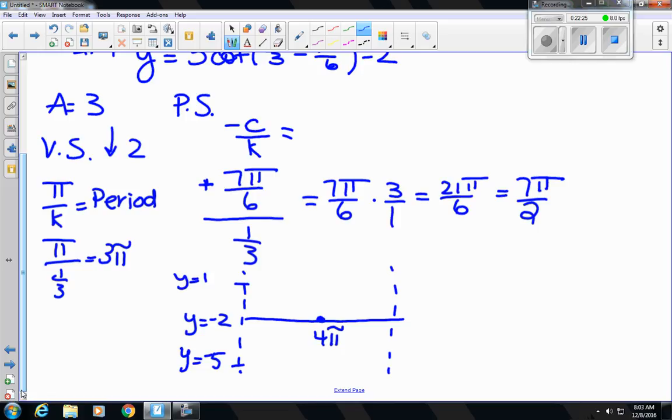What was the period? The period was 3 pi. I need half the period on the right and half the period on the left. Well, what's half of 3? It's 1.5, right? So what is 4 plus 1.5? 5.5. How do you write that as a fraction, not a mixed number? 11 pi over 2.